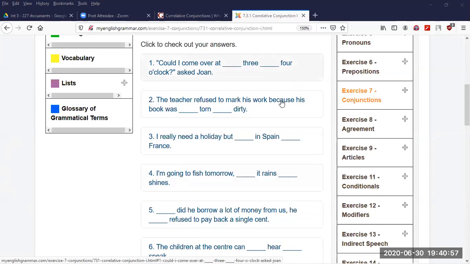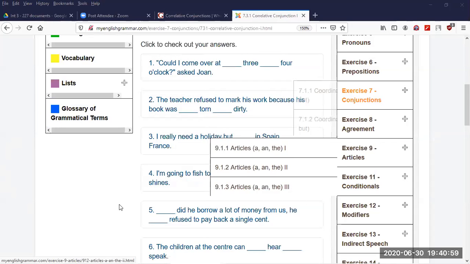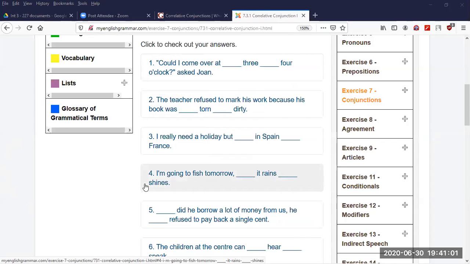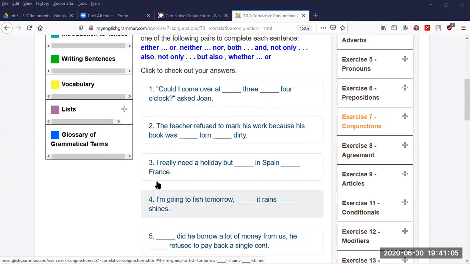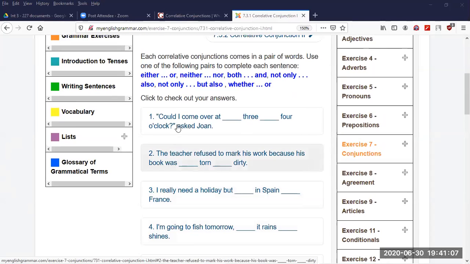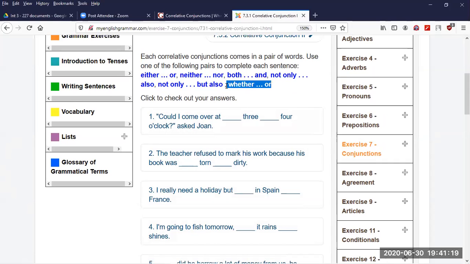So I need to be careful with the cursor because this goes crazy. Okay. So remember, let's have a look at what we have. So we can use either or, neither nor, both and, not only also, not only but also, and whether or. This one, if this one comes up, I'll just tell you anyway.